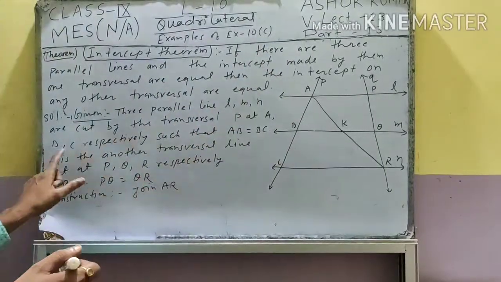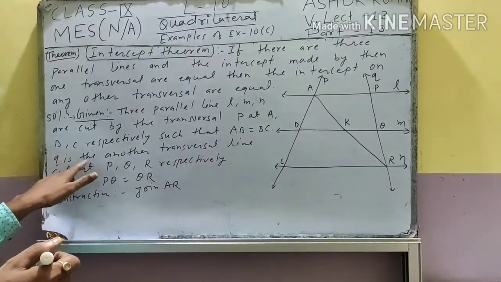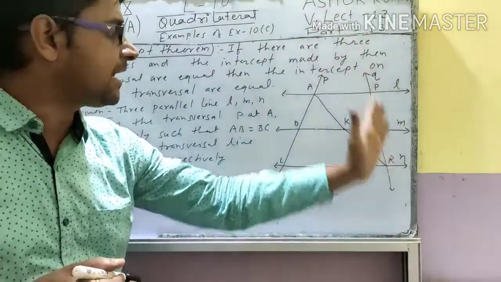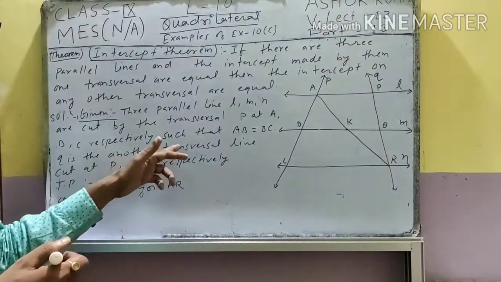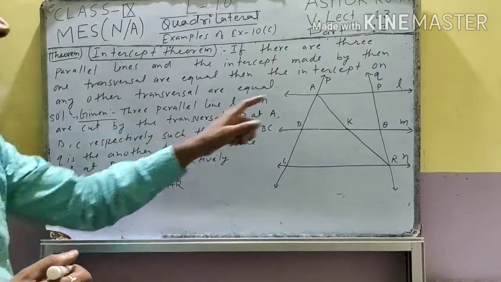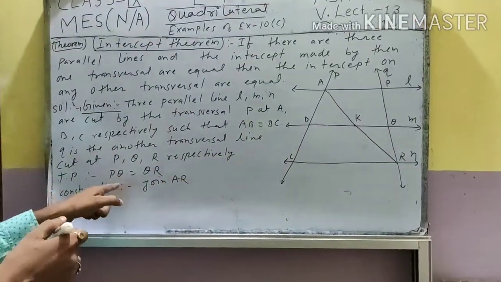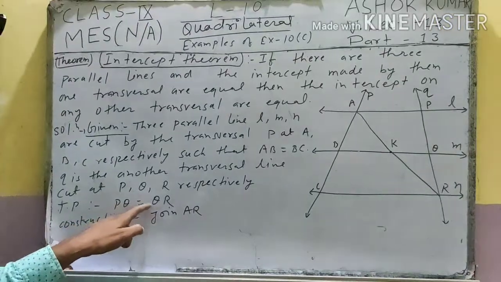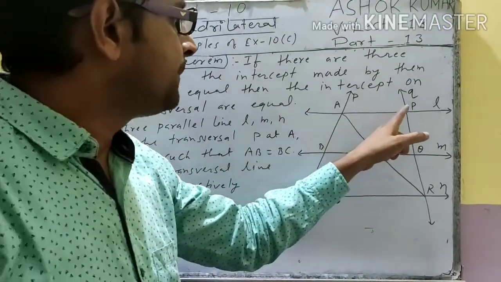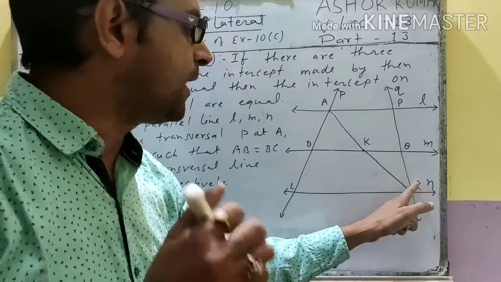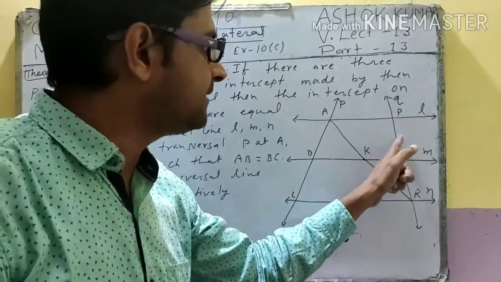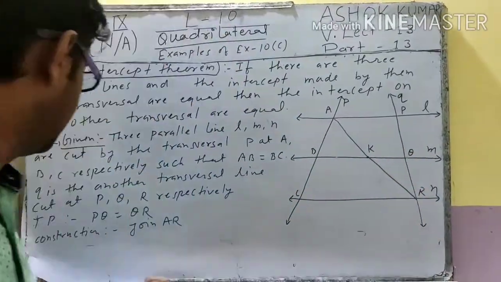Already discussed, student. And Q is another transversal line cut at P, Q and R respectively. To prove PQ is equal to QR. That means you have to prove this side is equal to this side.